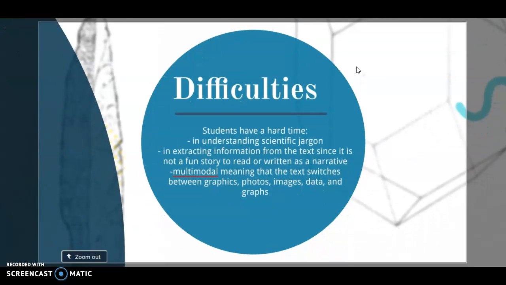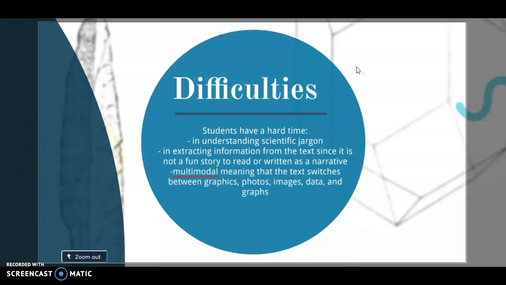Some difficulties that students find when trying to get involved in science and get excited about it are, first, that students have a hard time understanding the scientific jargon that the texts use. Typically, when they see a big word they don't understand, their interest decreases and they're not engaged anymore.